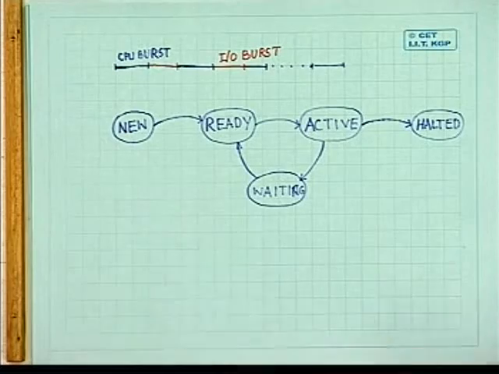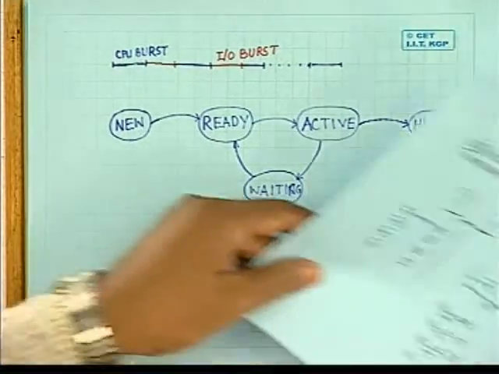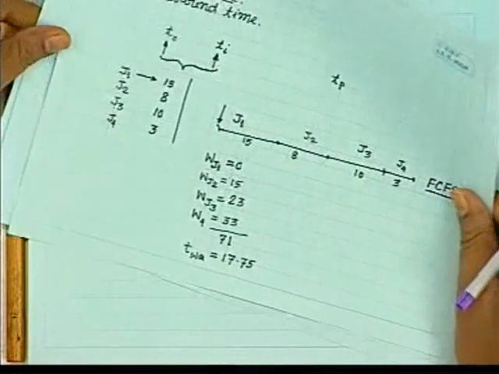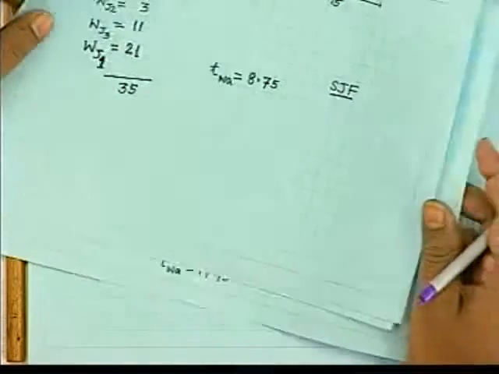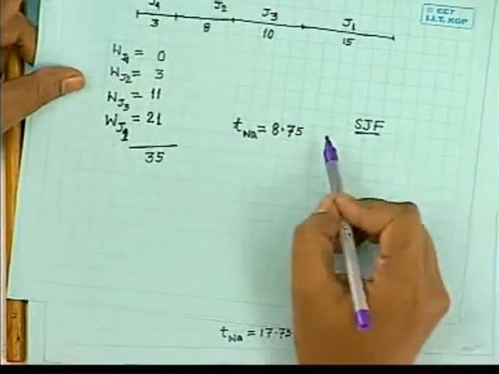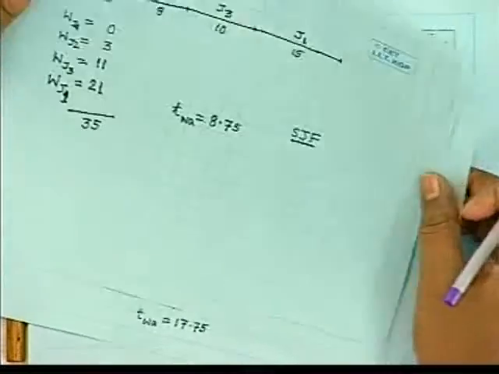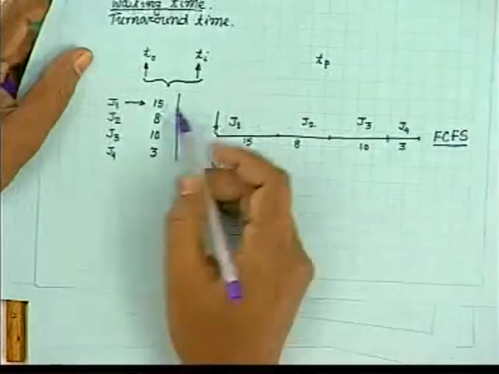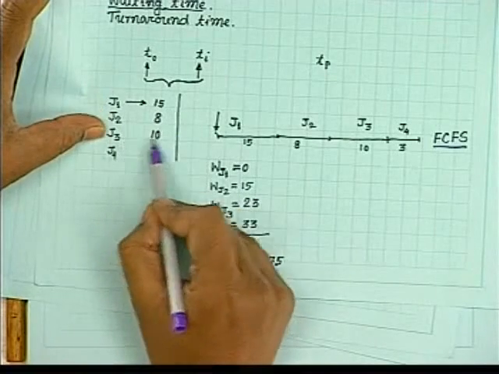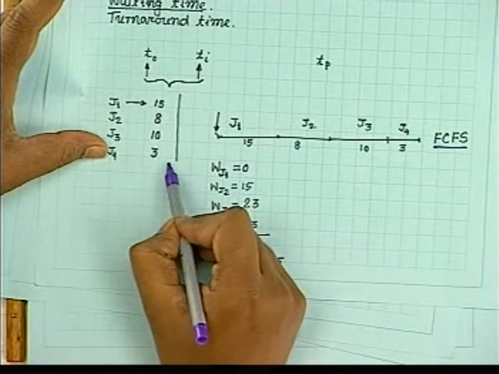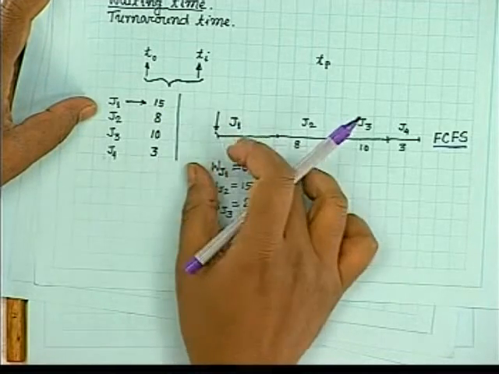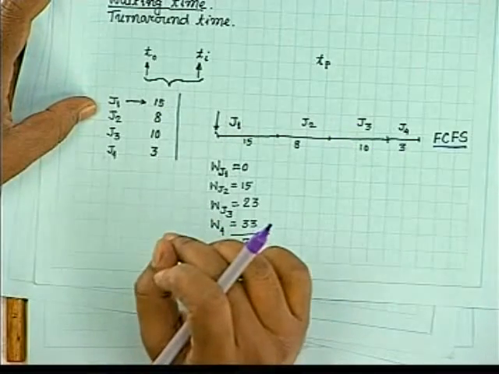For both the CPU scheduling algorithms that we have discussed, whether first come first serve or shortest job first, the time durations that we have specified, that is, for J1 15 time units, for J2 8 time units, J3 10 time units, and J4 3 time units, are actually the execution times of the next CPU burst.